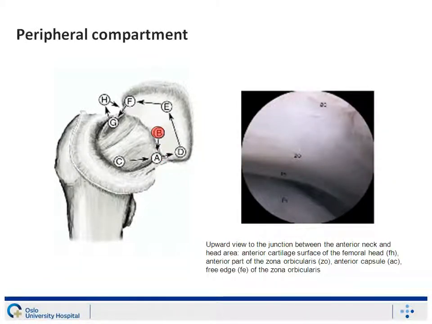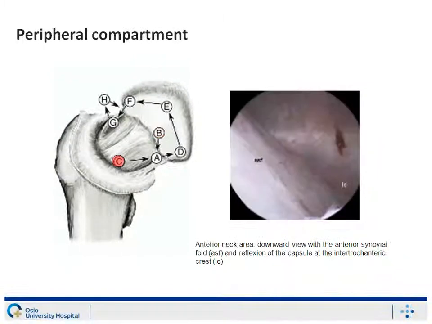Then the next position is a little bit further up, more anteriorly, and there you see more the normal shape of the zona orbicularis here. Here is the capsule, anterior part. Here is again the femoral head, and up underneath here will be the labrum.